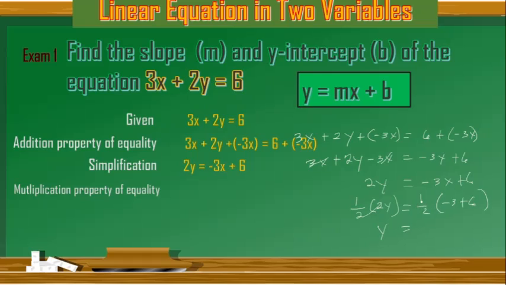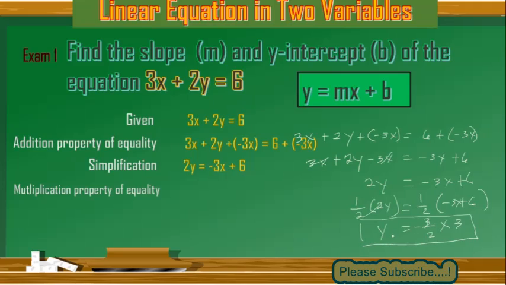Then positive 1/2 times negative 3x is negative 3 halves x, plus 1/2 times 6, that is 3. So this is now the simplified form for your answer to that question.